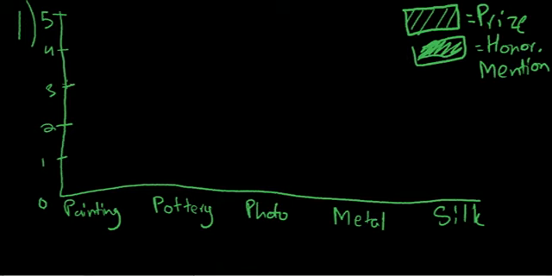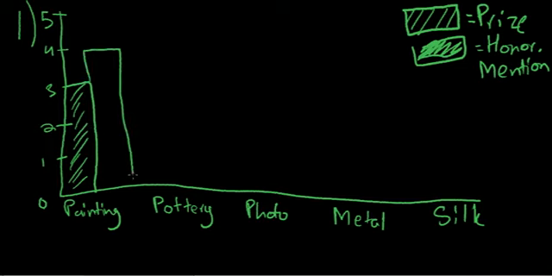So painting, the first one is like this. These are the prize ribbons, 3 prize ribbons, and 4 honorable mention ribbons. So shaded in as much as I could. Next one, pottery. Let's use a different color. Pottery, there's 2 prize ribbons.